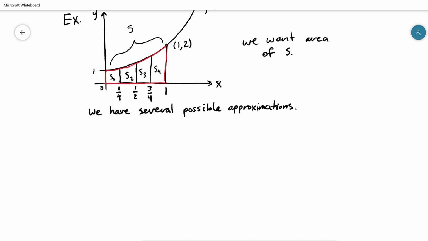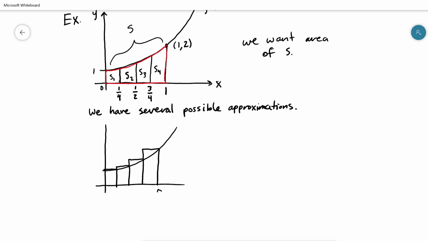The first one, I'll kind of sketch them. Again, if we assume that this is the shape of that curve, the first one would be where we take this region right there. I've got my 4 sections, and I use the right endpoint of each section to approximate these things with just little rectangles.